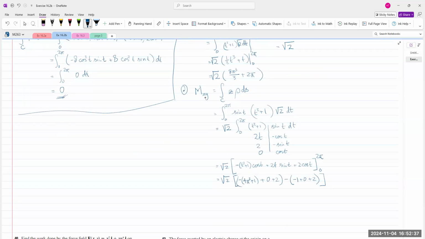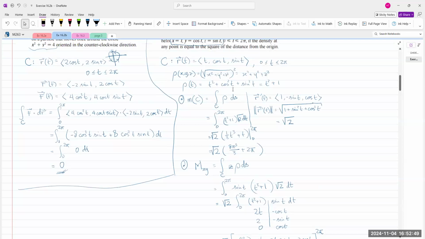So we get the canceling this, canceling that, I get negative 4 pi squared square root of 2. That's impossible though, because the domain is positive, right? From 0 to 2 pi.